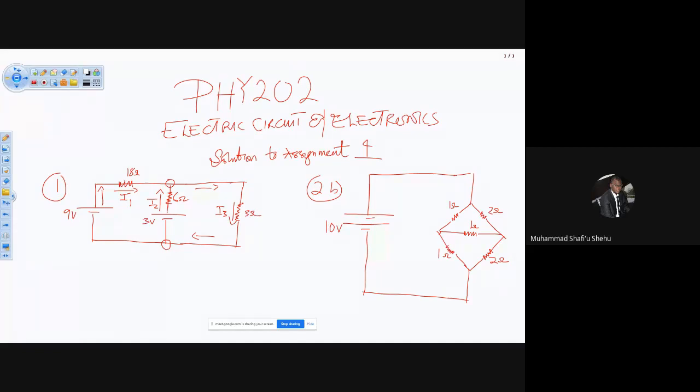Because it's Kirchhoff's law. We are asked to apply only Kirchhoff's law. Had it been mesh analysis, then each loop would depend on the direction of the positive terminal, or the direction of the current coming from the power source in that particular loop.